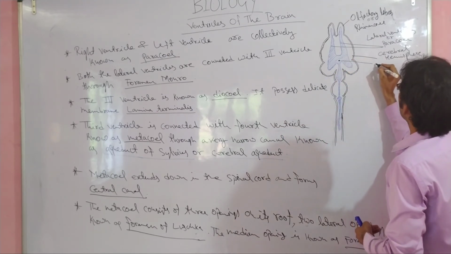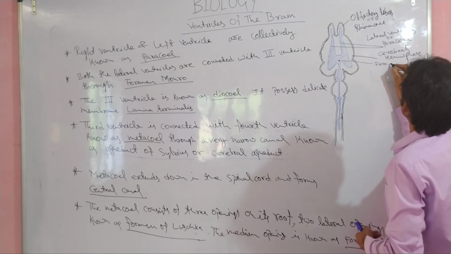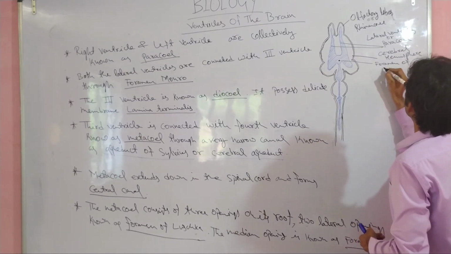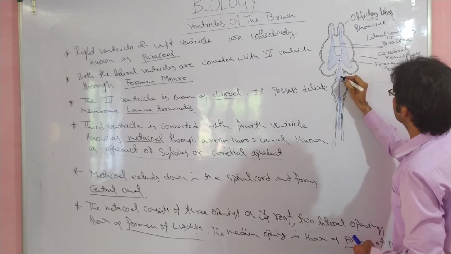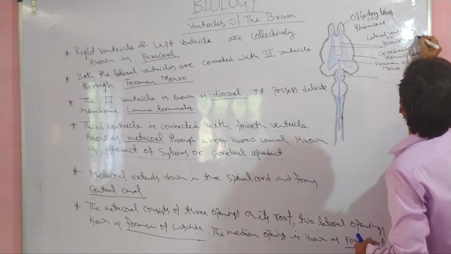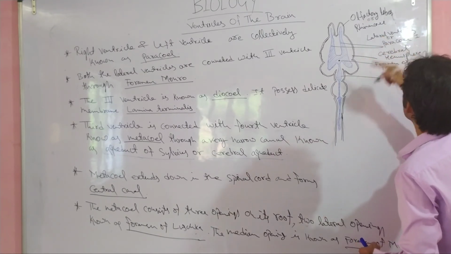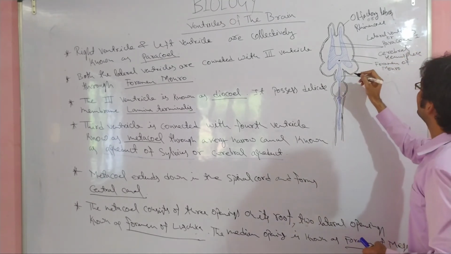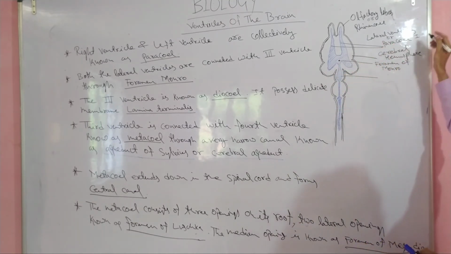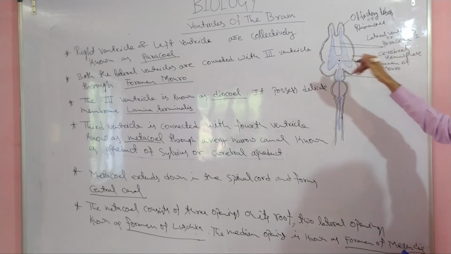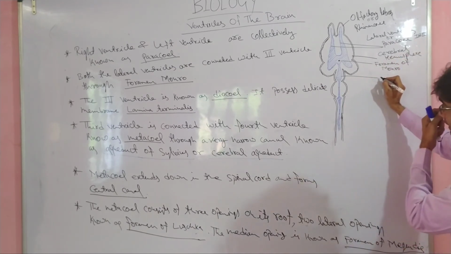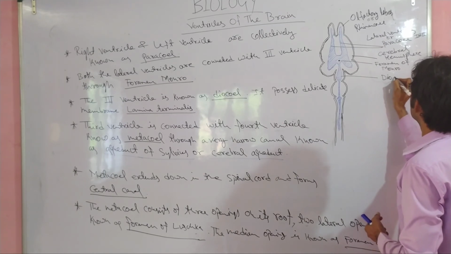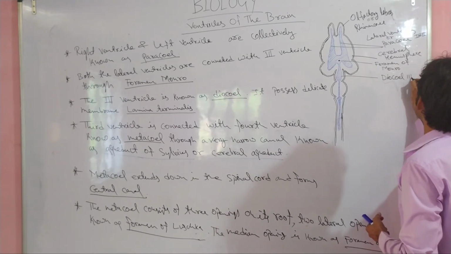This is known as foramen of Monro. And now this is the third ventricle. The first one is comprised of two lateral ventricles, paracele. They are known as first and second ventricles because they are combined. And now this is the third ventricle. The third ventricle is known as diocele.